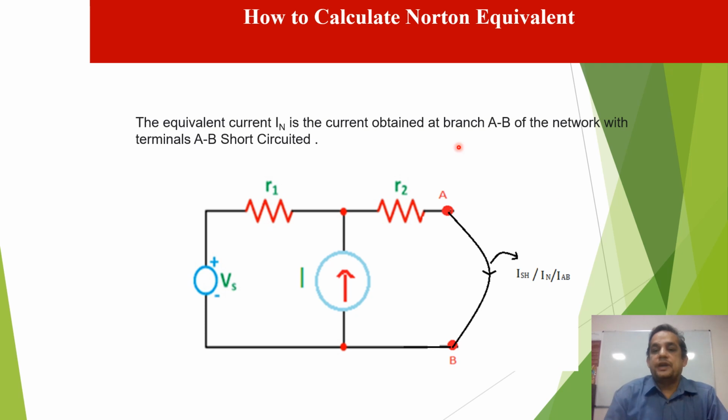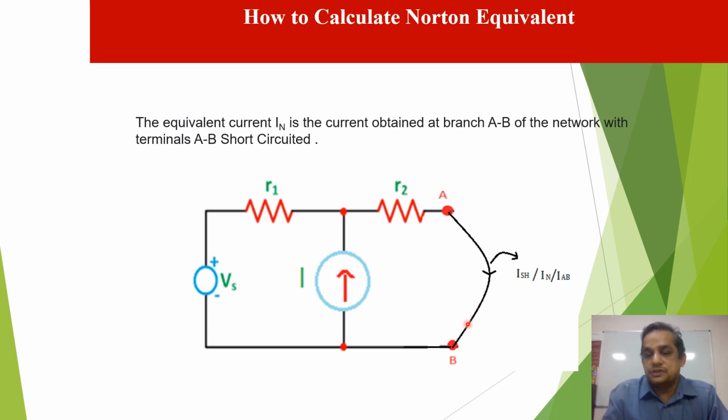Now come to how to calculate the Norton equivalent. Here we give one circuit. There are two resistances R1, R2, one current source I, one voltage source. We find the current in RL through Norton equivalent. Firstly, you remove the RL from the circuit, and after that you connect the terminals A and B by wire.